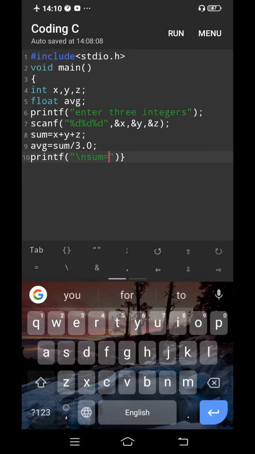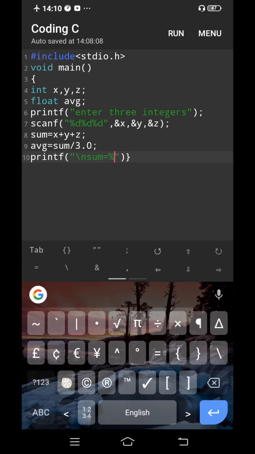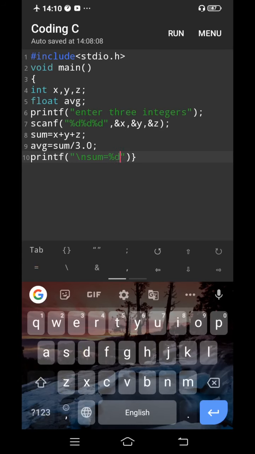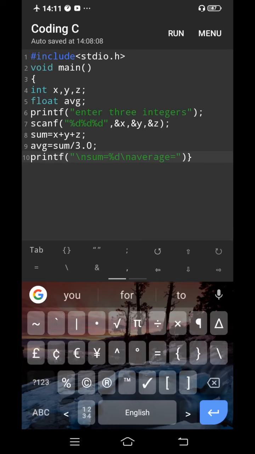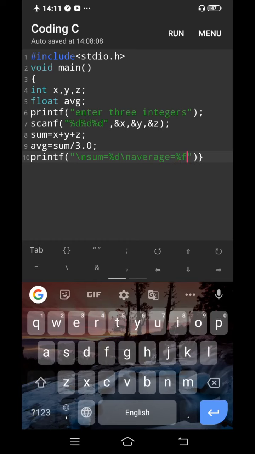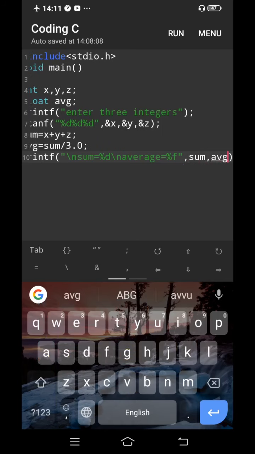Sum is equal to %d, backslash n, and average is equal to %f. %f is used for floating values. And next, sum comma average.